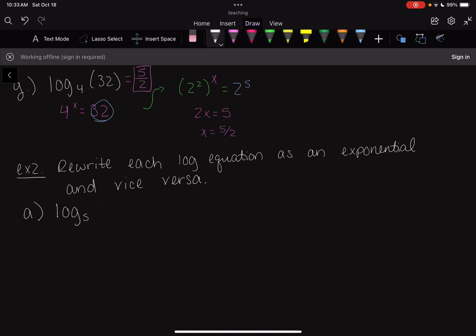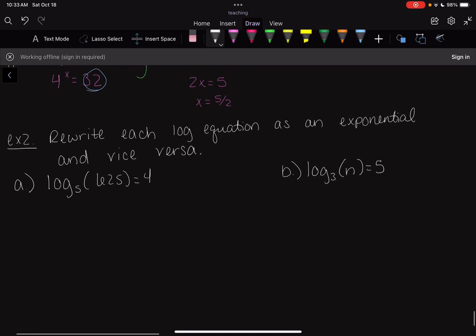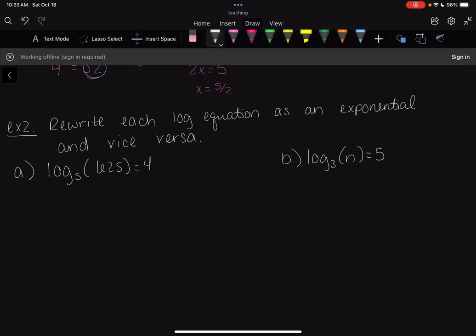A: log base 5 of 625 equals 4. B, let's do log base 3 of n equals 5. C, we'll do 3 to the x equals 50.